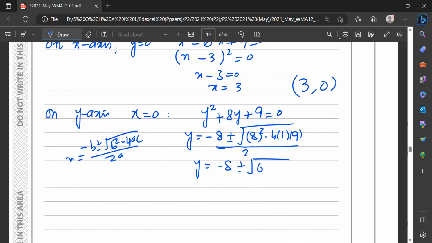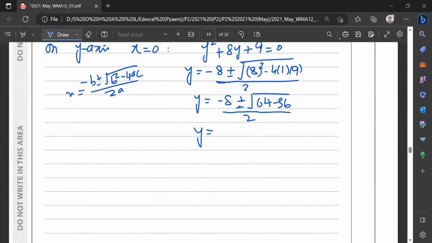Inside is coming as 64 minus 36. So using calculator, 64 minus 36 is root 28, whole divided by 2. So y is equal to minus 8 plus minus root 28 over 2, or you can use the calculator directly for the answer. So this simplifies to 2 root 7, divided by 2. 2 is common in the numerator, and minus 4 plus minus root 7.